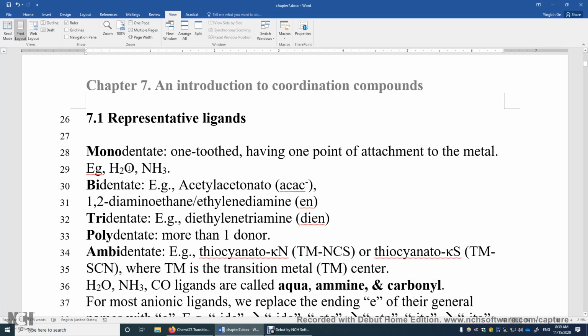However, these 2 lone pairs are pointing into different directions with a very large angle of roughly 106 degrees. So it's impossible for water to form 2 bonds with a transition metal. So usually a water can only form 1 bond with a transition metal center.